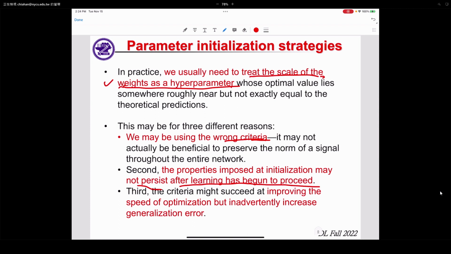We can look at the points near the optimal point, more like a static analysis, or you can go through the whole learning process. It's different once you start learning; things are different and your analysis is different. So maybe you don't have the same property that you expect at the beginning.